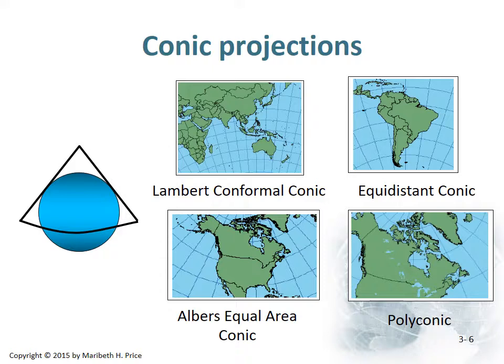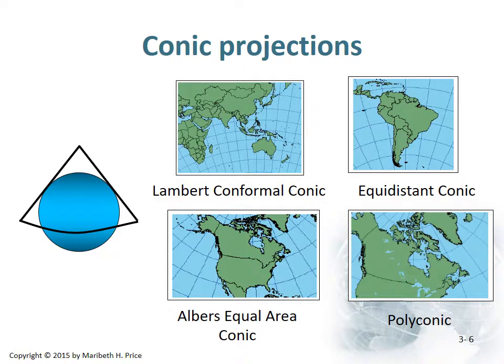In this case, imagine that we were to wrap a cone around the Earth's surface so that it passed through 2 lines of latitude, which makes it a secant projection. It's going to be really good at minimizing distortion along both of those lines of latitude, so it's going to be an even more accurate map than a single point of tangency.